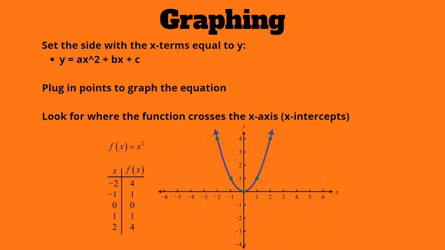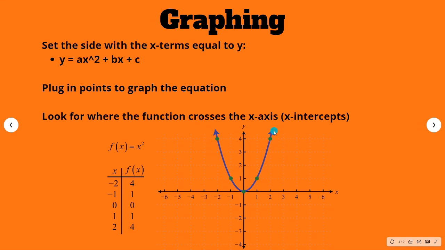So an example is shown on the bottom. Let's say the function is equal to x squared, and if we plug in different numbers for x, like -2, we'll get 4, -1 will get 1, and so on.